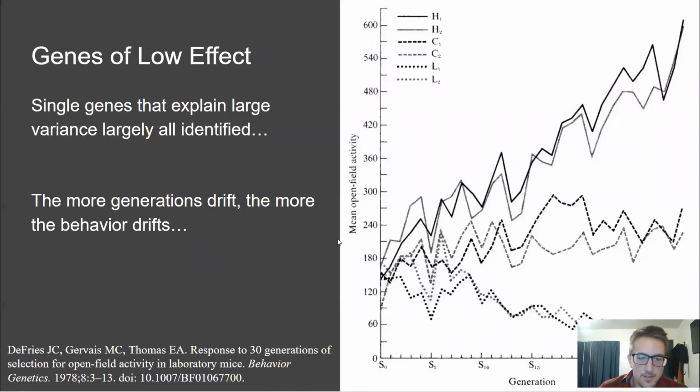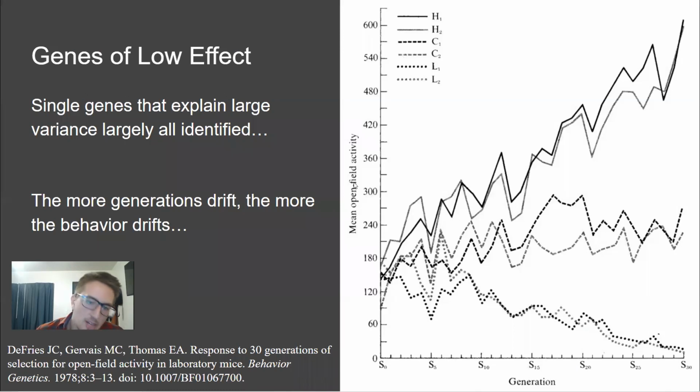So how we know this: there are animal models here. Down here on the x-axis we have generations, and on the y-axis we have this behavior. Call it open field activity, but it's really a measure of anxiety in mice. So you have these control lines right here that are not selectively bred for this phenotype, and you have this line here that is positively selected for that phenotype, and then you have lines here that are negatively selected for that phenotype.